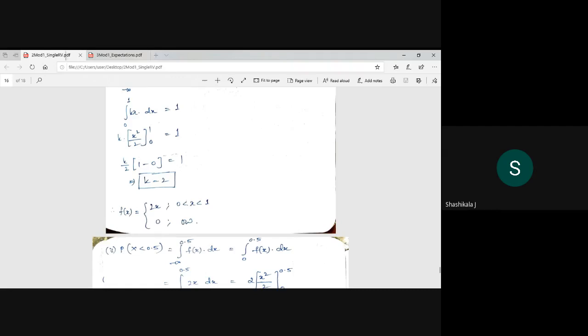Which signal are you going to get? Yes? Impulse? Is it impulse? 2x: at x equal to 0 it is 0, at x equal to 1 it is 2.